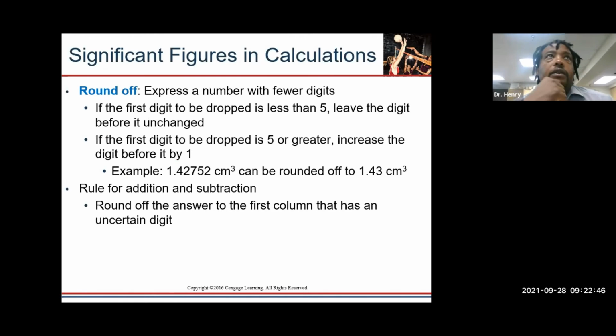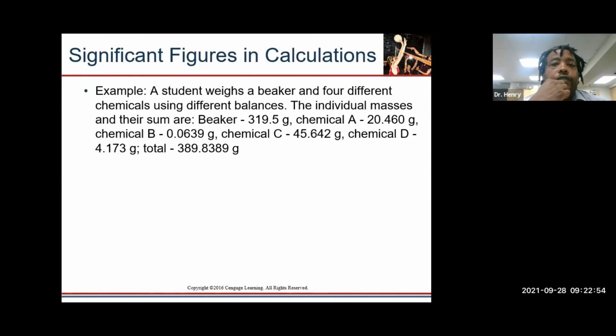Okay, so we've talked about how we go about rounding off. Let's go ahead and do this problem. Here it says an example: let's say a student weighs a beaker and 4 different chemicals using different balances.